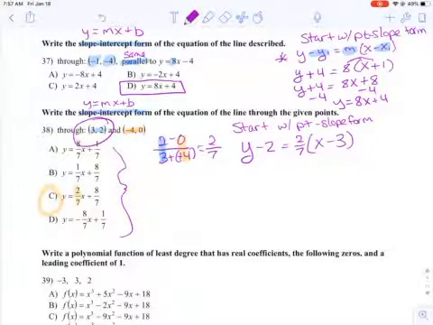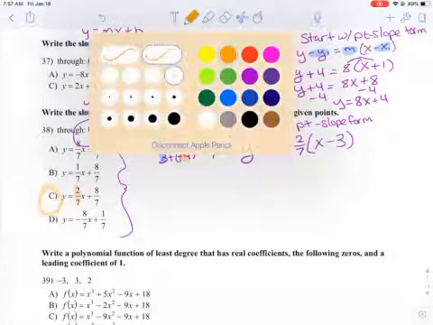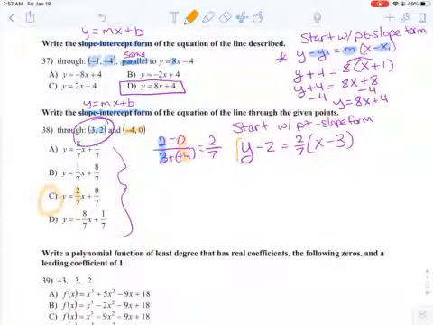Now this one's a little bit different because you have that fraction, so if you want, you can get rid of the fraction by multiplying everything, both sides, by 7. 7y minus 14, by taking that 7 all the way through. But this one, the 7s will just make a 1, and you'll take a 2 all the way through now.